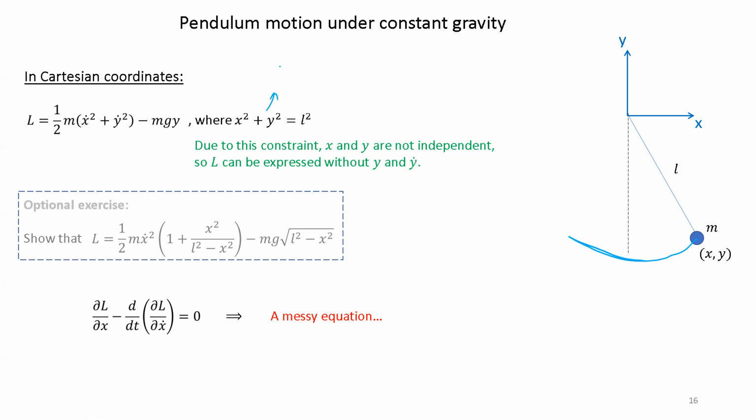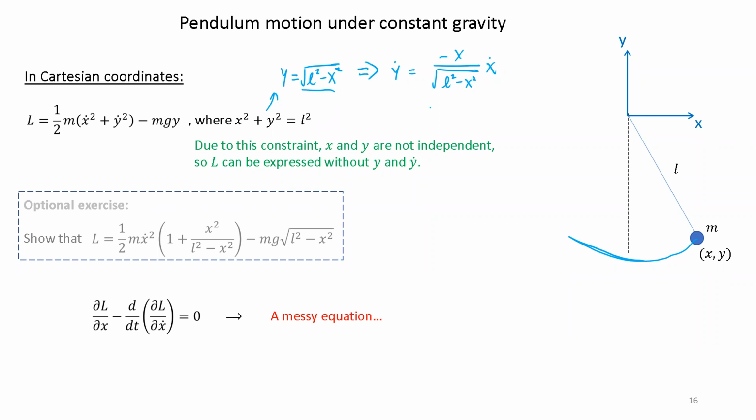From here, you can write y equals the square root of L squared minus x squared, and then y dot equals minus x over the square root of L squared minus x squared, times x dot.